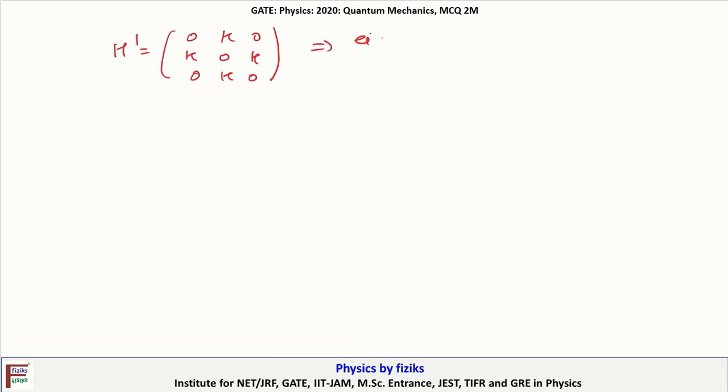Its eigenvalues are determined from the secular equation.